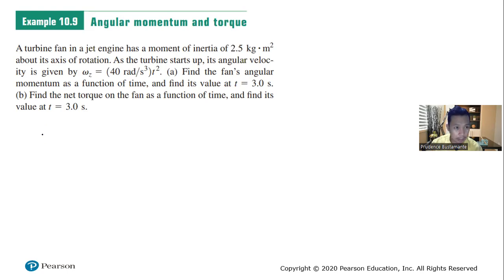So let's find the angular momentum. We have Lz is equal to I omega z. This is the definition for a rigid body. So we have 2.5 kilograms meter squared times 4.0 radians per second cubed times t squared.